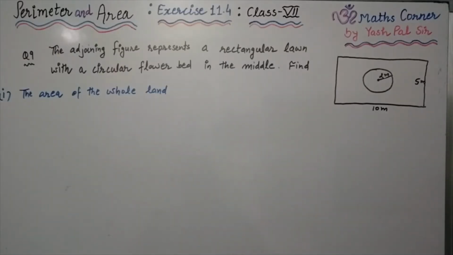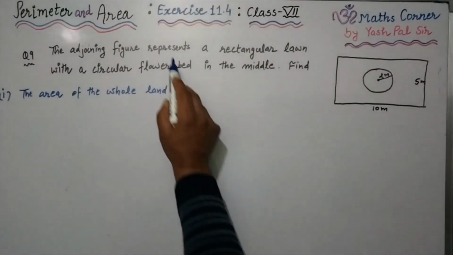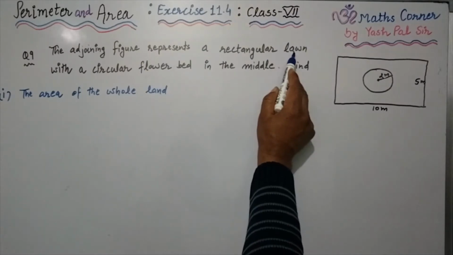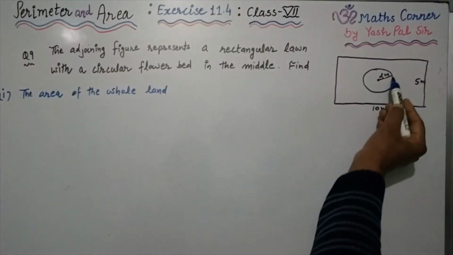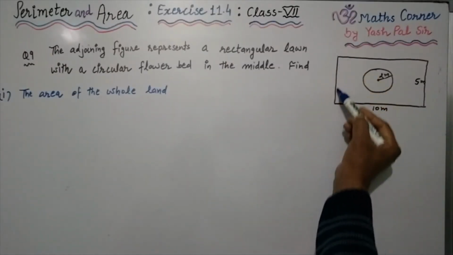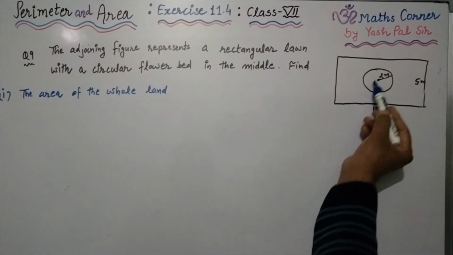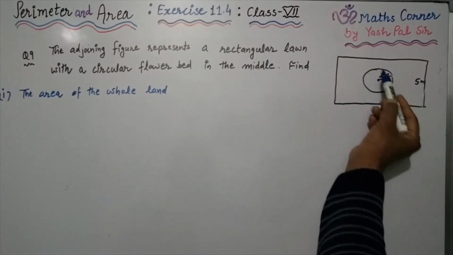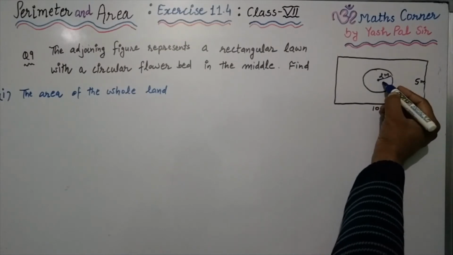Question number 9. The adjoining figure represents a rectangular lawn with a circular flower bed in the middle. Rectangular lawn or garden, inside circular flower bed. 2 meter is the radius.